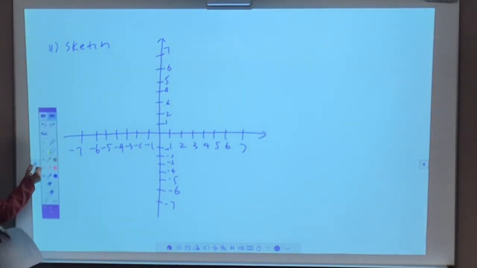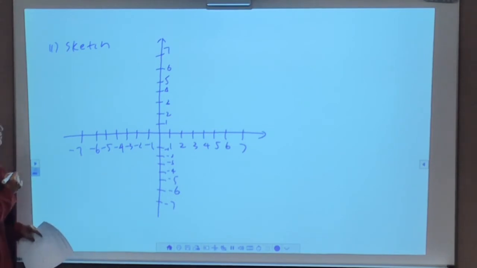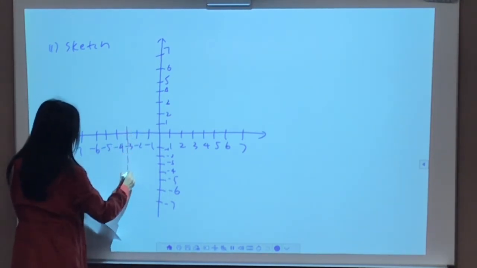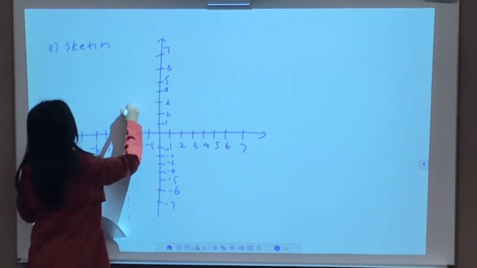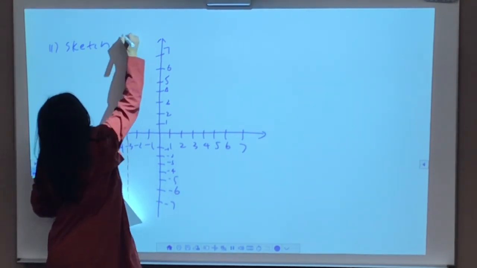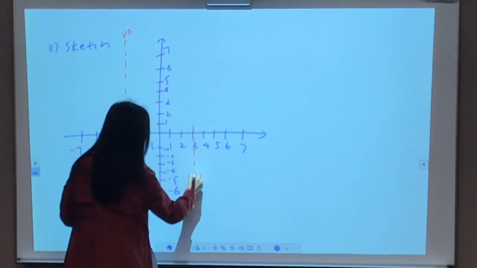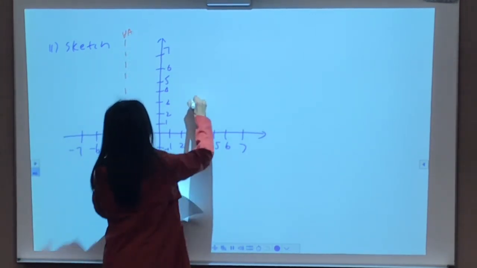So first thing first, let's do our number 1 first. What's my vertical asymptote? Negative 2, right? So class, you need to show me this. What's the vertical asymptote? This is what I expect you to tell me on your graph.